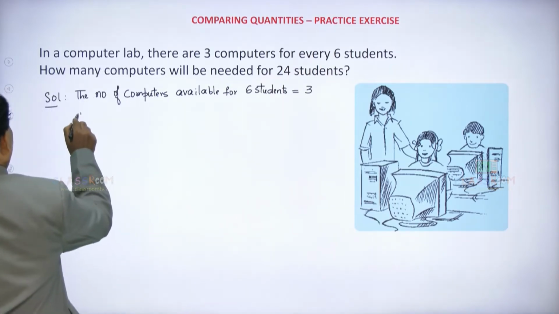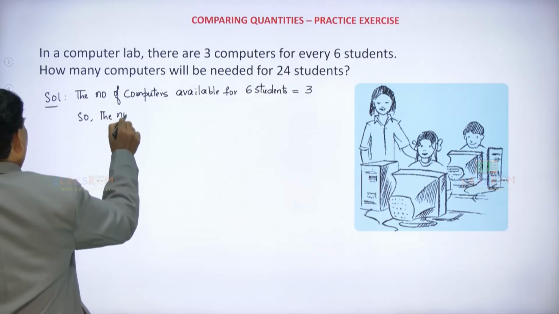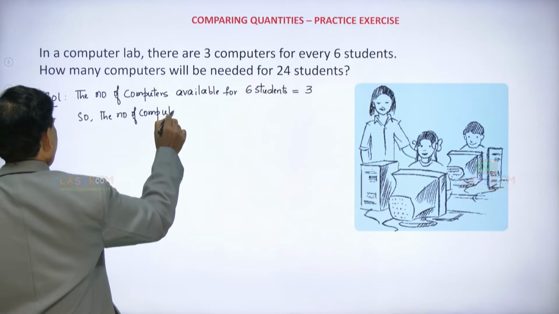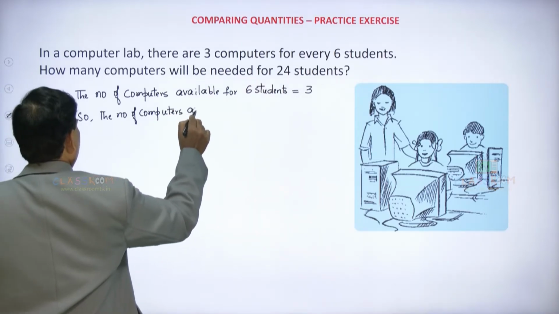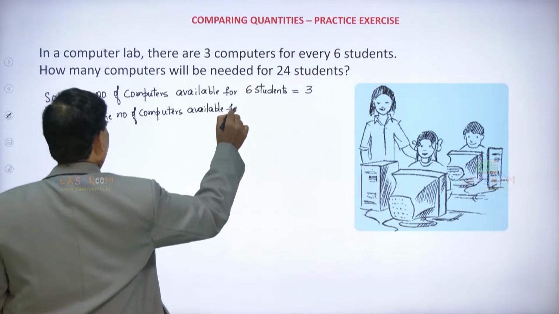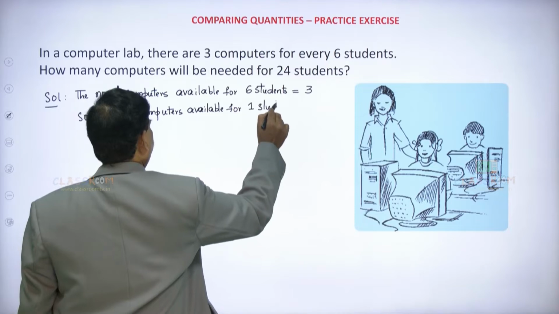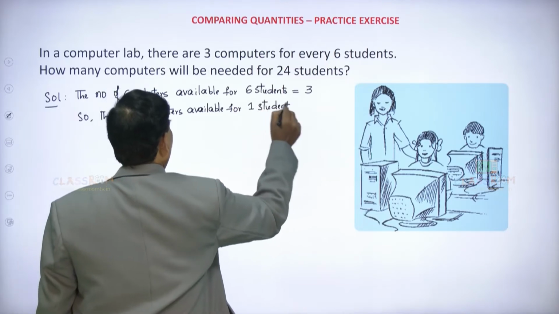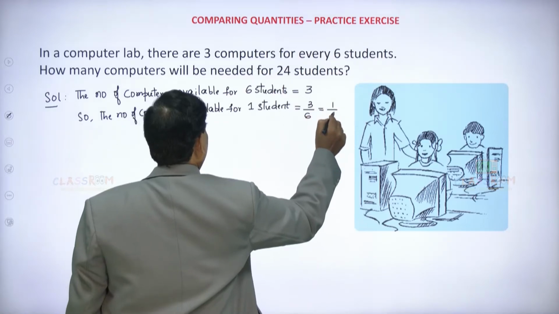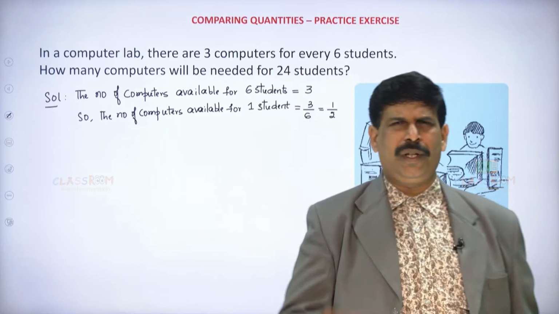So the number of computers available for 1 student, we'll find out for 1 student. How do we get that? That is 3 by 6, which is equal to 1 by 2. So 1 by 2 computer is available for 1 student.